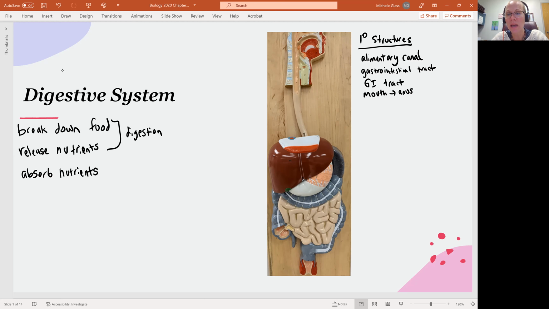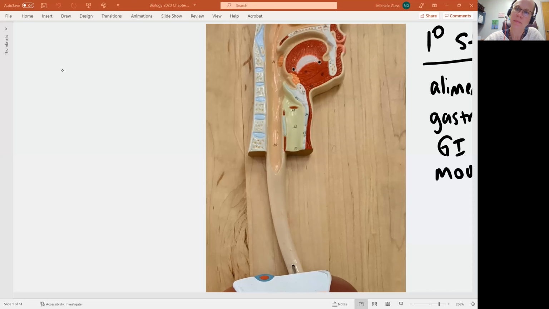We can begin in the mouth as the primary starting point for the digestive tract. And we will see that digestion actually does begin here. And then we have our tube, which we studied in the respiratory tract as well. We called this the pharynx.